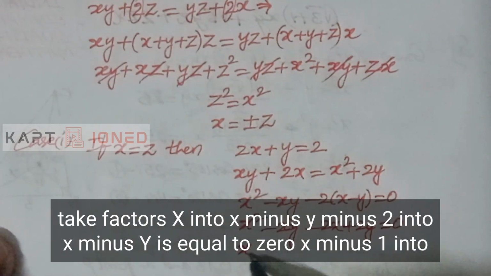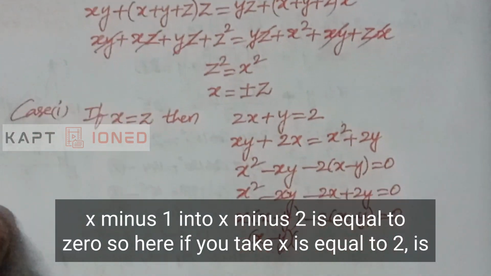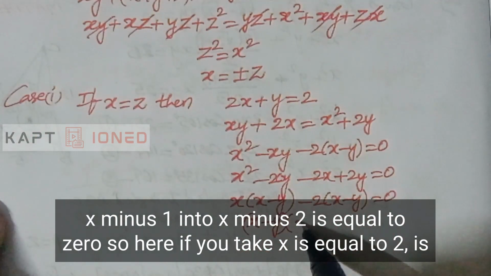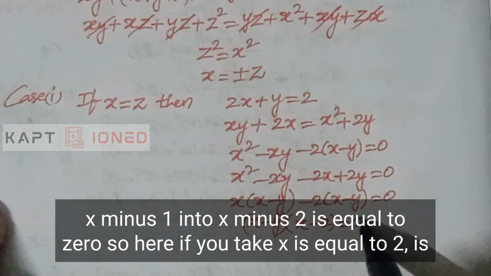So here you can take factors: x into (x minus y) minus 2 into (x minus y) is equal to 0. (x minus y) into (x minus 2) is equal to 0.